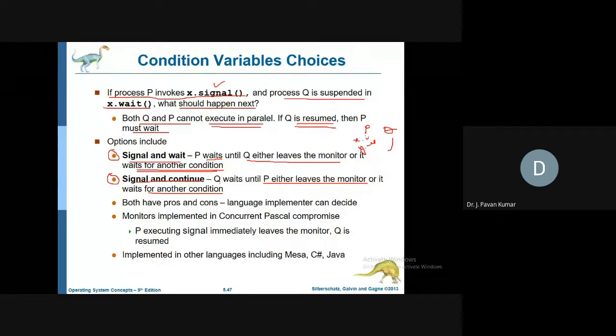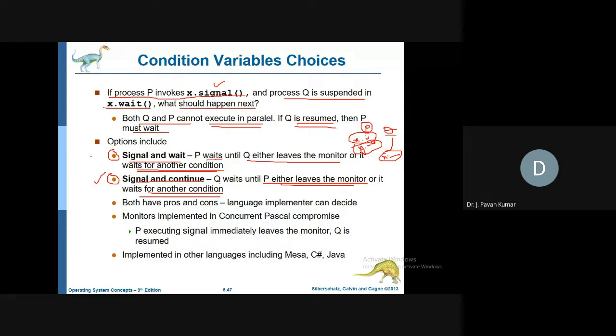Now Q has given the signal, x.signal. X.signal means P could resume, but in order to do that, P needs another signal. So Q could wait until P leaves the monitor, or it has to wait for another condition. That is the second alternative.